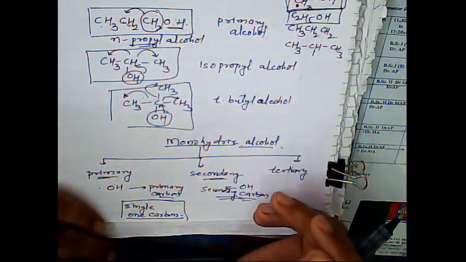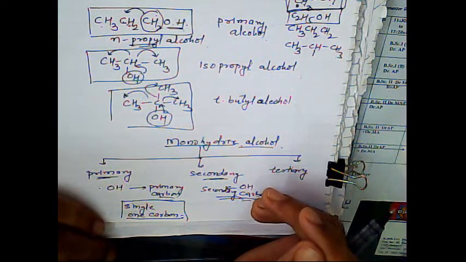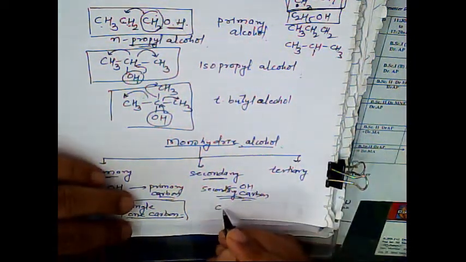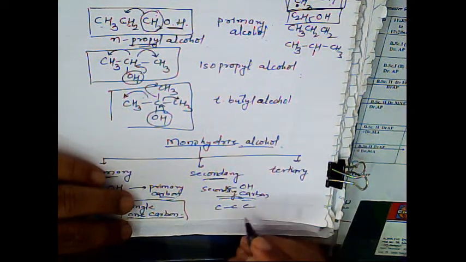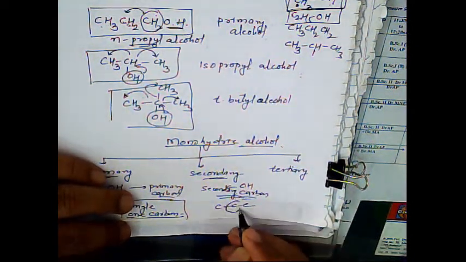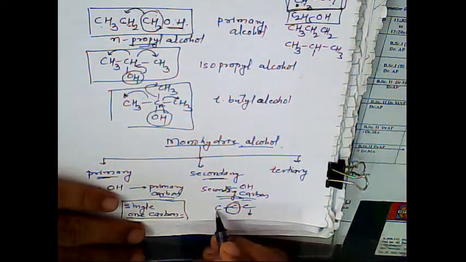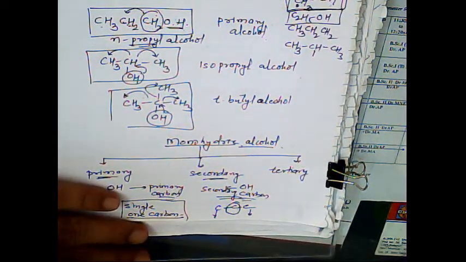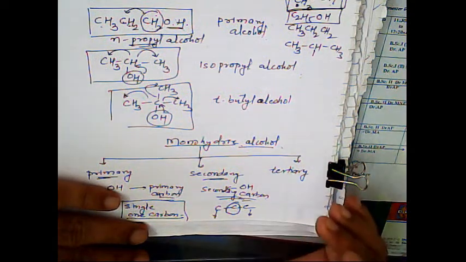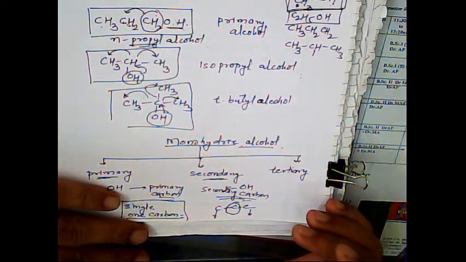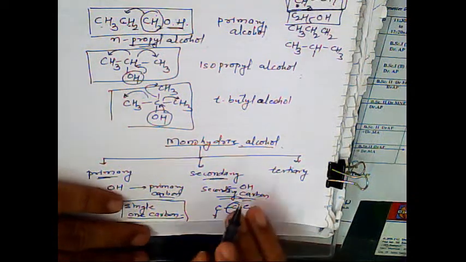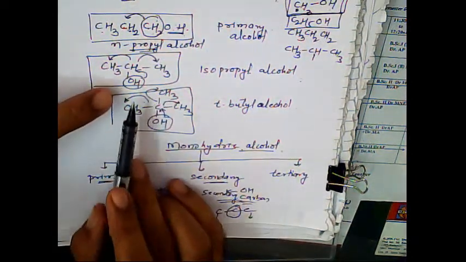A secondary carbon is the carbon to which two carbons are directly attached. How many? Two carbons. Here the central carbon will be secondary. Terminal carbons will be primary because only one carbon is attached. Indirectly it may have many carbons, but directly it should be attached to two carbons, so it is secondary.